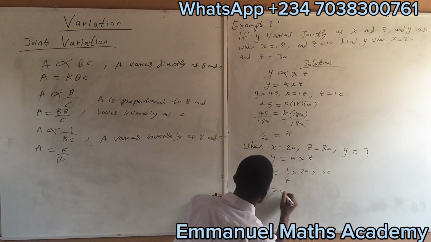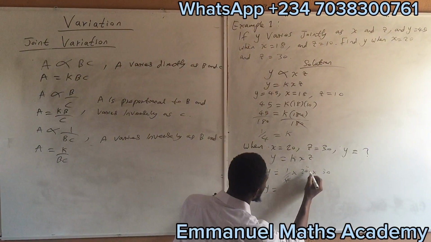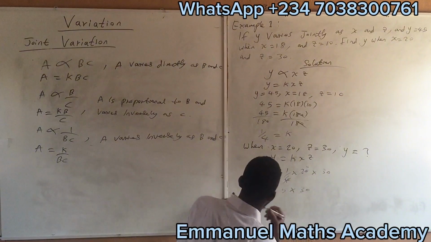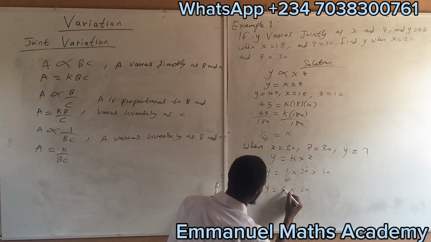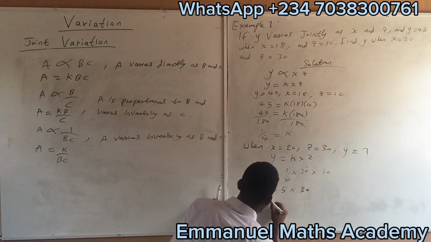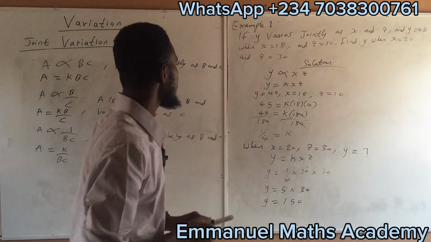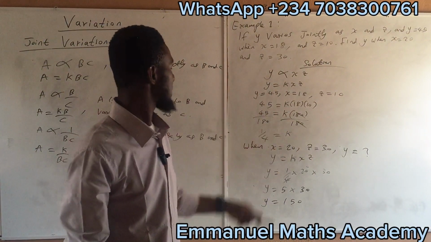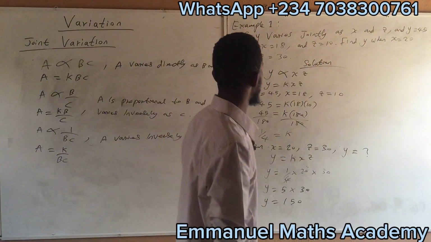We now have that Y is equal to 20 divided by 4, which gives 5. 5 times 30 will give you 150. That means when X equal to 20 and Z equal to 30, our Y is 150. As simple as that.